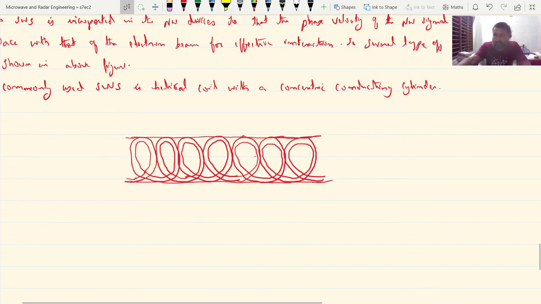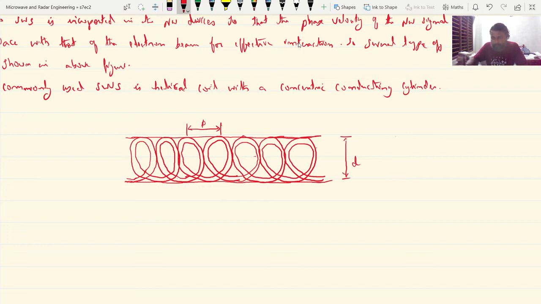Okay, I will call this the pitch, from here to here. I will call this P. Okay, this is D. This figure is nothing but a helical structure.